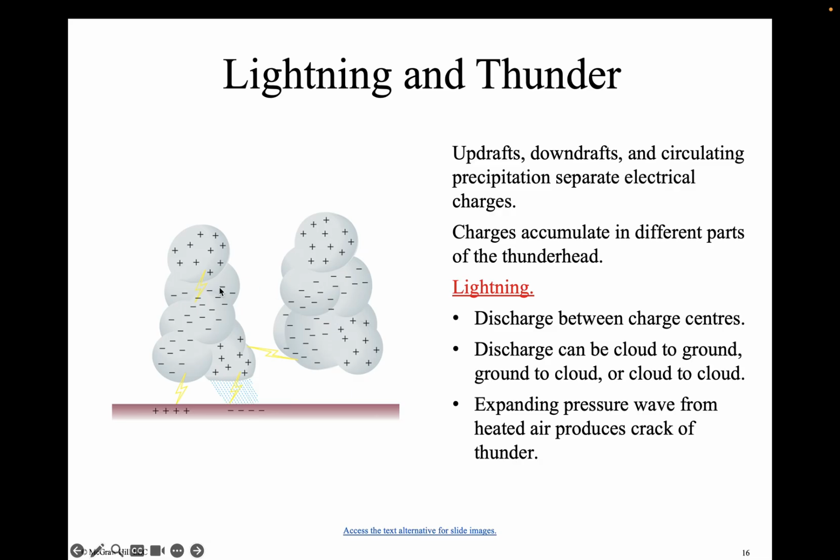Okay, and then what happens is that when the voltage of these centers is high enough and overcomes the insulating properties of the air, right? Because the air is a very good insulating material, then a giant electrical discharge will occur.